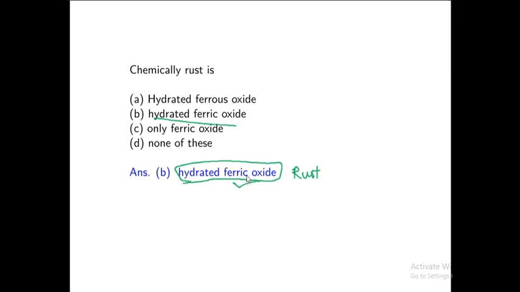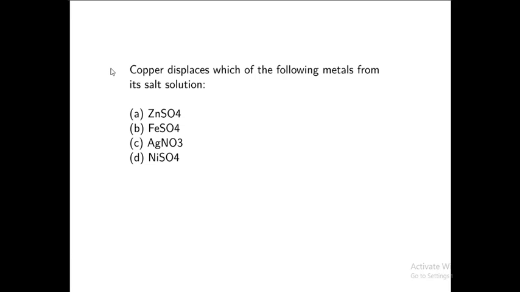Next question. Question number 5. Copper displaces which of the following metals from its salt solution? What is the meaning of this question? When you add copper to the salt solution, what are you going to see?